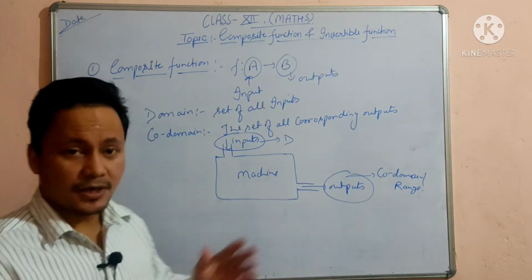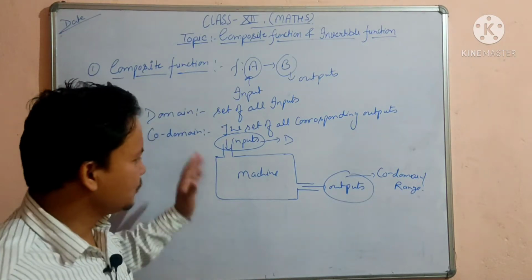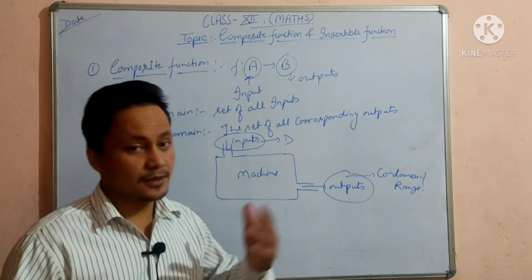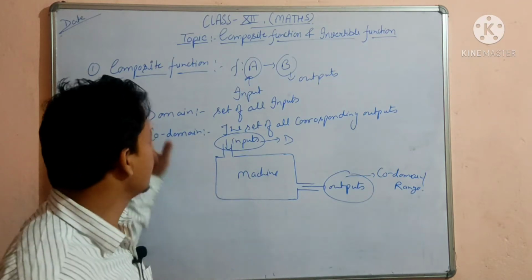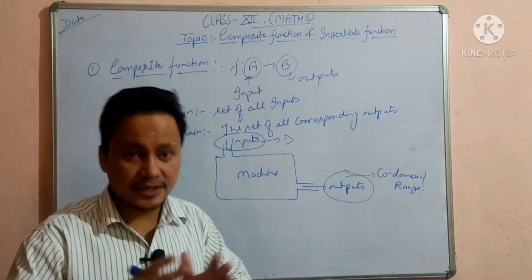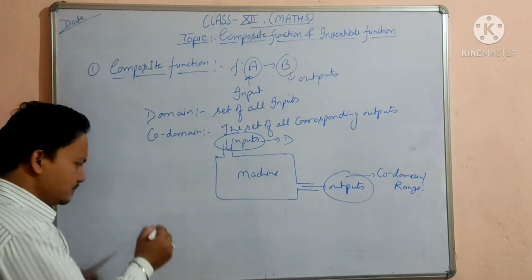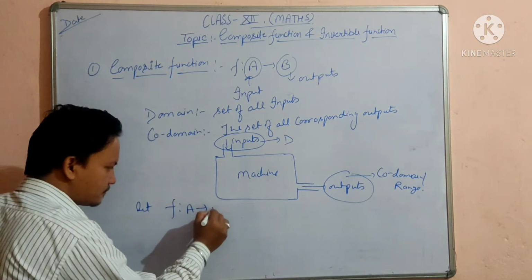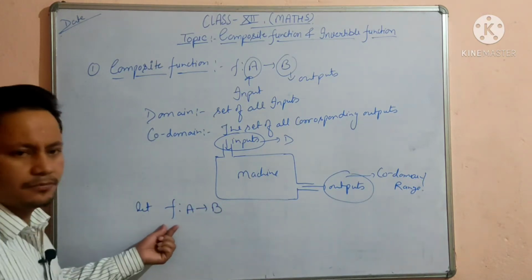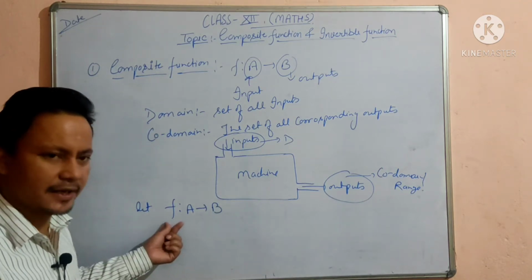If we combine any two functions and make a third one, then such an integrated function is known as the composition of two functions. Let there be a function f from A to B, where A is the domain and B is the codomain of f.